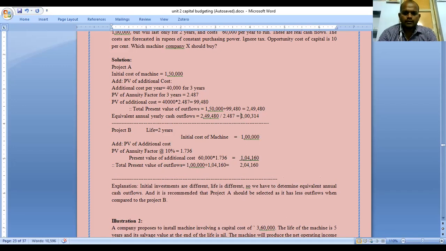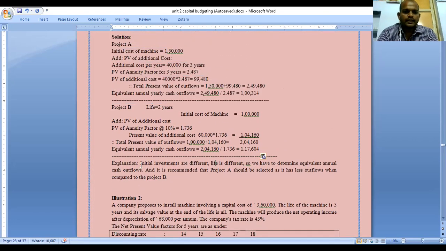Now, equivalent annual yearly cash outflows. For yearly cash outflows, we have to divide the total cash outflows by the annuity factor 1.736. Now we get the yearly outflow, that is 1,17,604.